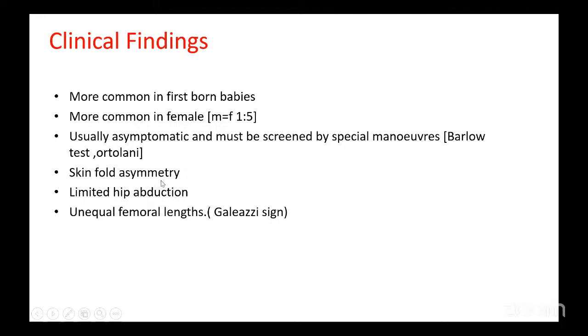Skin fold asymmetry: because of the abnormal arrangement of the structures around the hip, there will be more creases. Because of migration of the femoral head from its normal position upward, there will be shortening of the femur length. And because the femoral head is not inside the acetabulum, that means it is not in containment, there will be limitation of abduction movement.